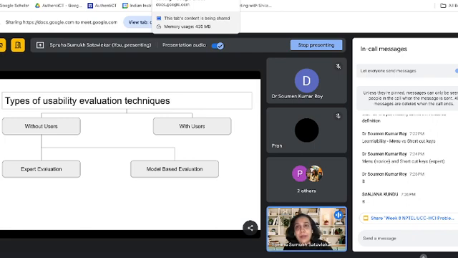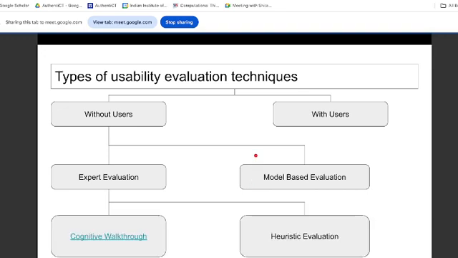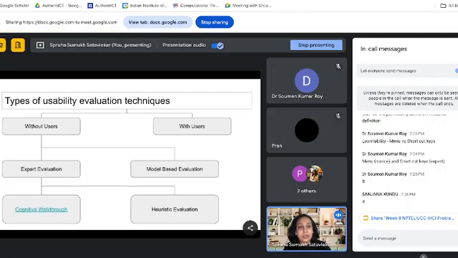For expert evaluation, there are again two methods: one is cognitive walkthrough and the other is heuristic evaluation. We will now go deeper into these two first. Remember, the expert here is not the expert user that we have previously spoken of. Don't confuse that.